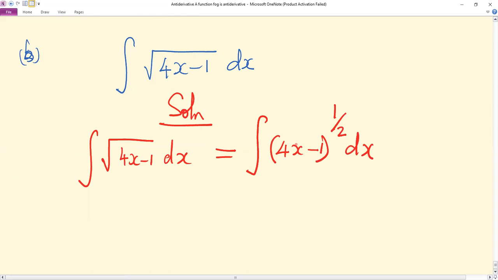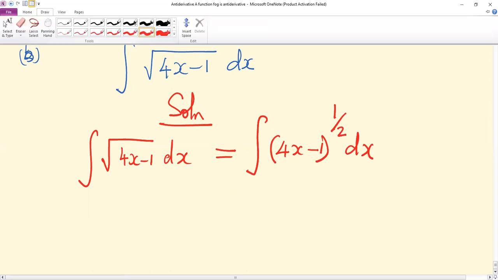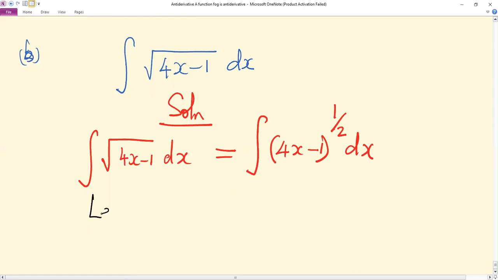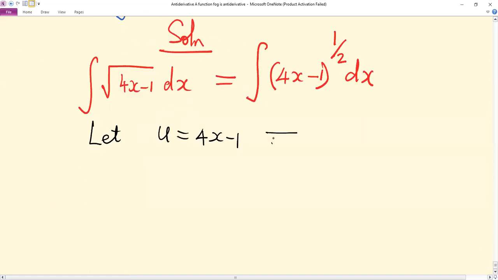Now once you write your integral in this form, you let the bracket be u. So let u be 4x minus 1, which means du dx is the same as 4, then you multiply by dx, you get du equals 4 dx.